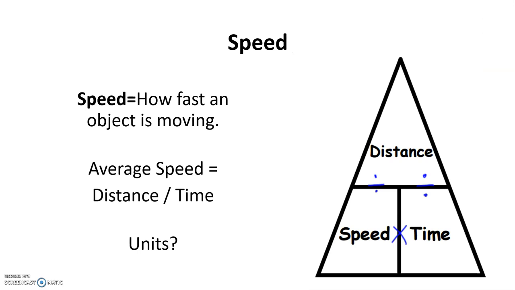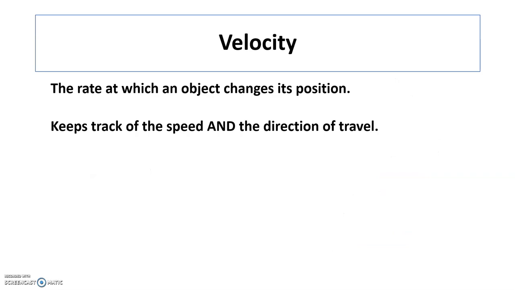Velocity is very, very similar to speed. Speed, by definition, is how fast an object is moving. Velocity is also how fast the object is moving, but it also adds a direction of travel. So if I just say that car is going 60 miles per hour, that's a speed. If I say that car is going 60 miles per hour west, that is now a velocity.